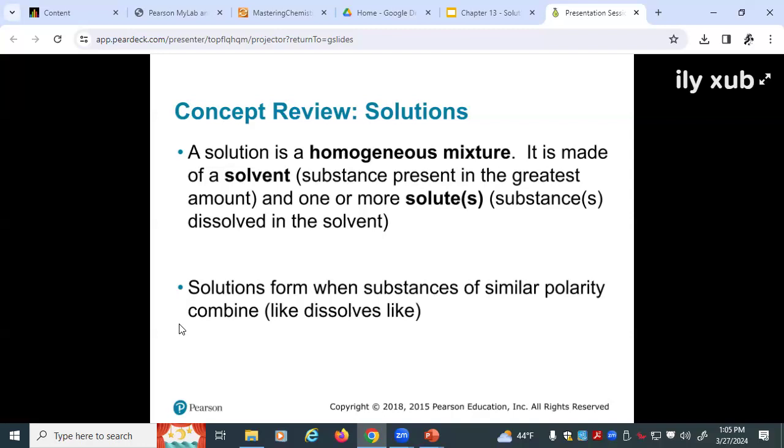Now, inside of that solution, we have the solvent. The solvent is the thing that is present in the greatest amount. And then we have solutes, things that are dissolved in the solvent. And a solution can have as few as 1 solute or as many as, well, practically infinite. Ordinarily, we usually think about solutes in terms of there's maybe 1 or 2 in a given solution, at least one that we might study further.